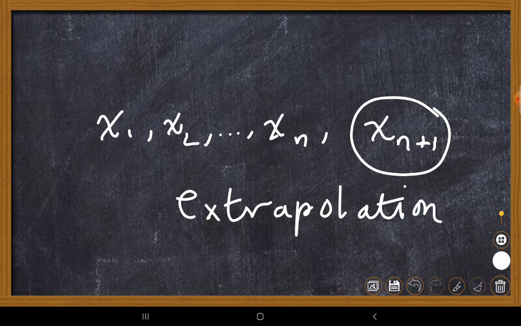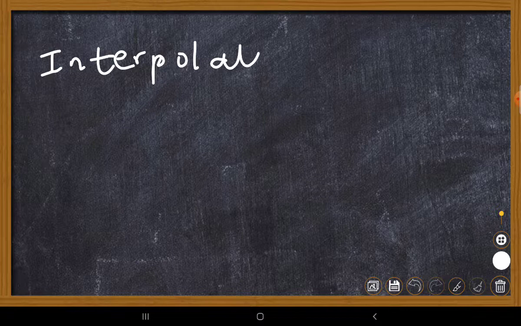I hope this is clear. Within the series you use interpolation, and outside the series you use extrapolation. In your syllabus you are only required to learn about interpolation, that means to estimate a missing value from within a series.